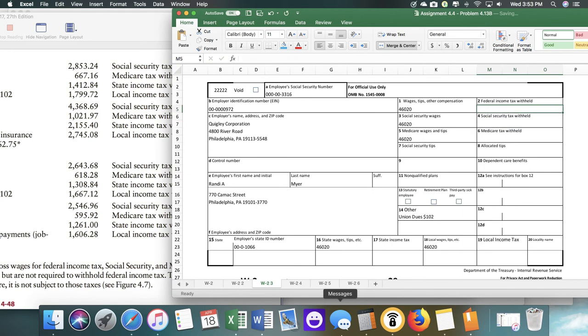Make sure you're entering the information in the correct box.